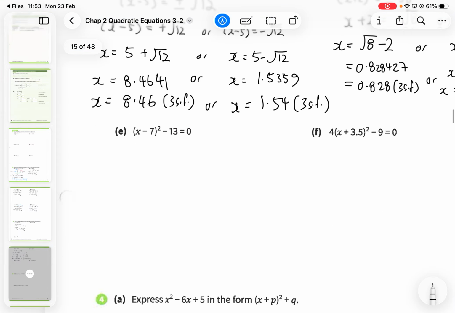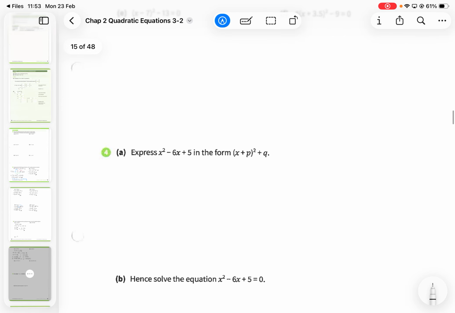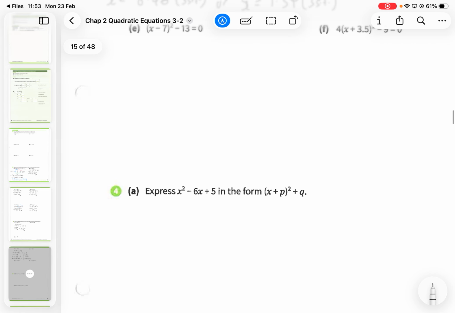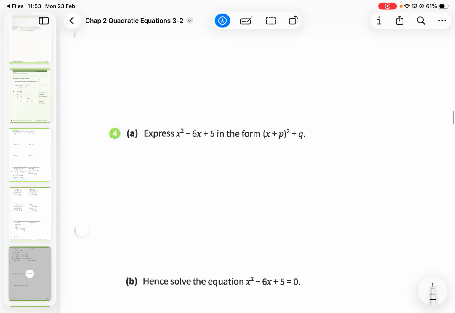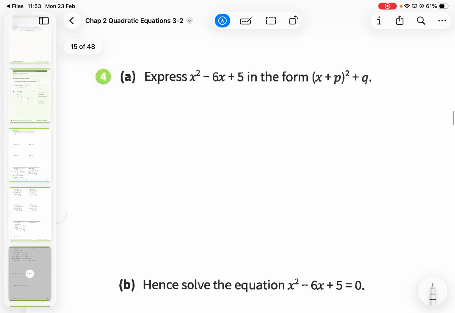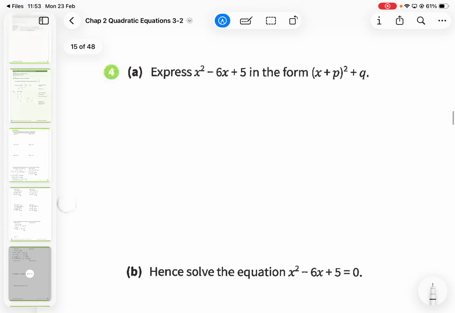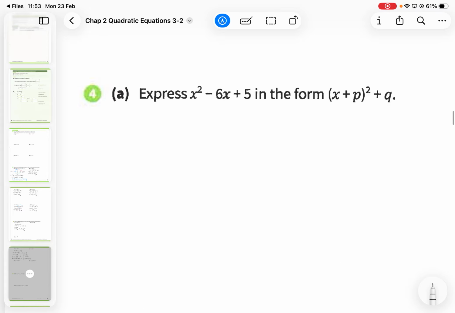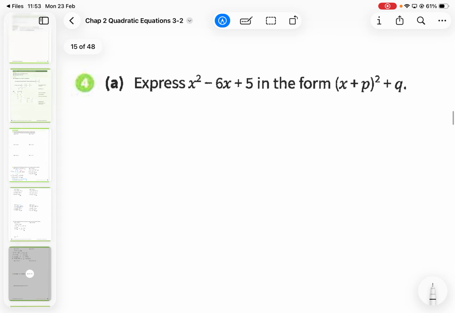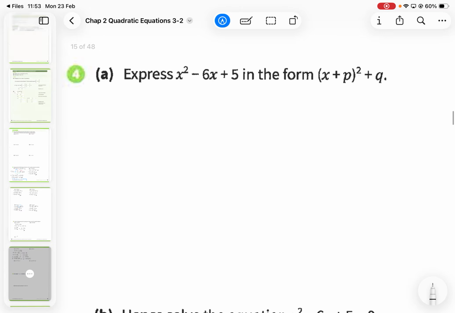So I can say the left hand side, instead of writing in this form, I write x minus 3 square minus 4. I change the left hand side to this. In part 1, I already found this is the same as this.